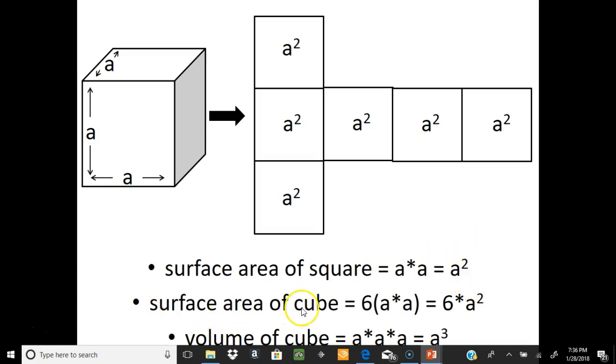So the surface area of a cube, you would take A squared, but then you add up the number of squares you have. So 1, 2, 3, 4, 5, 6. So it'd be 6 times A squared. The volume, you take length times width times height. And so that's going to be A cubed.